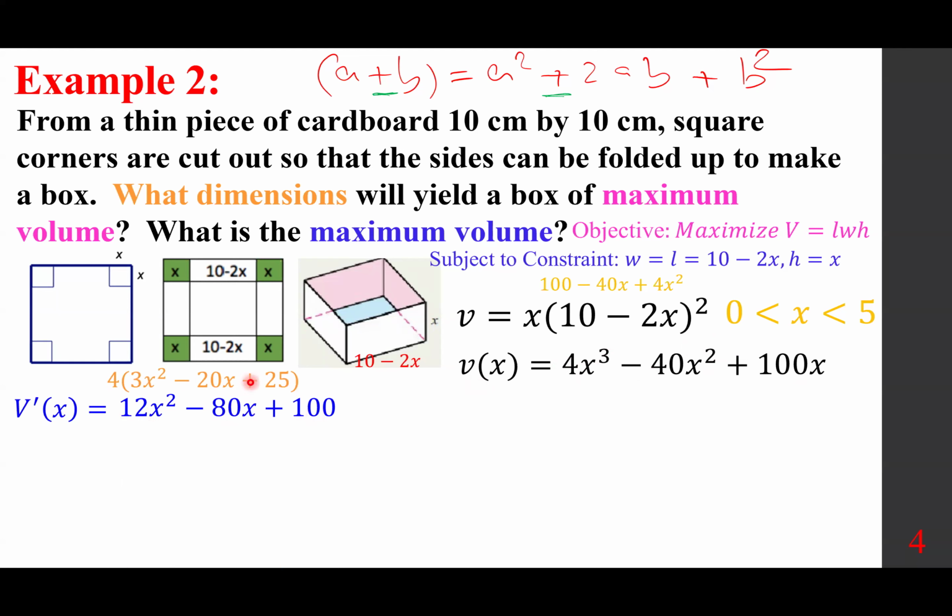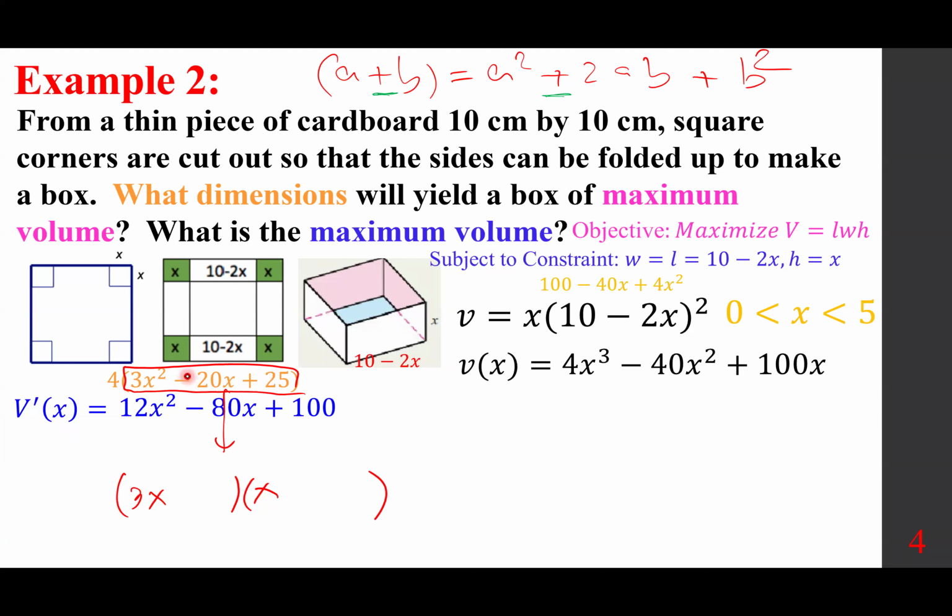To factor this, notice 3 is a prime number. Therefore, this is factored as follows: 3x and x. 25 is the product of 1 and 25 or 5 and 5. Both of them must have the same sign because the product is positive. That means both of them are positive or both of them are negative, one of the two.